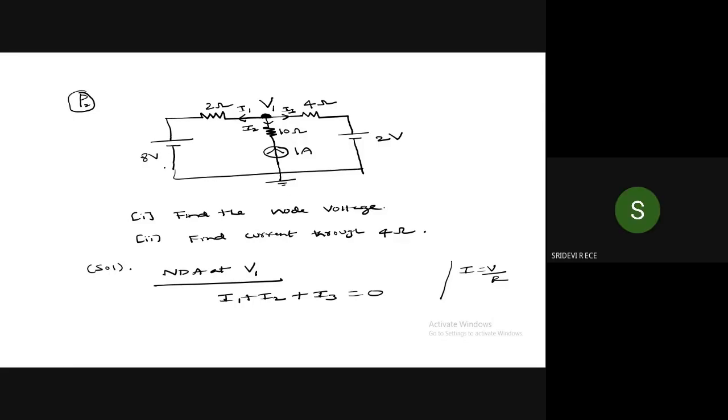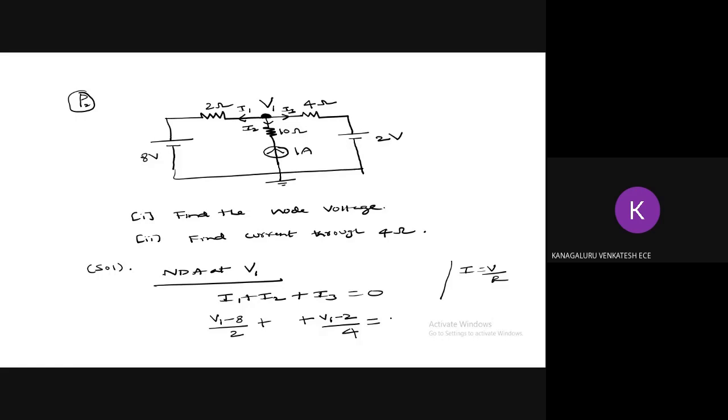V1 minus 8 by 2, sir. Perfect. V1 minus 8 divided by 2. Second one? Okay, leave the second one. We'll come to the second current later on. Third one, you tell me. Third current I3. So it is V1 minus 2 divided by 4. Is it right?